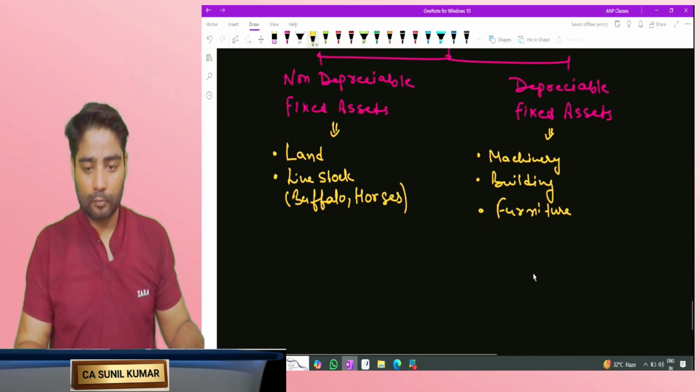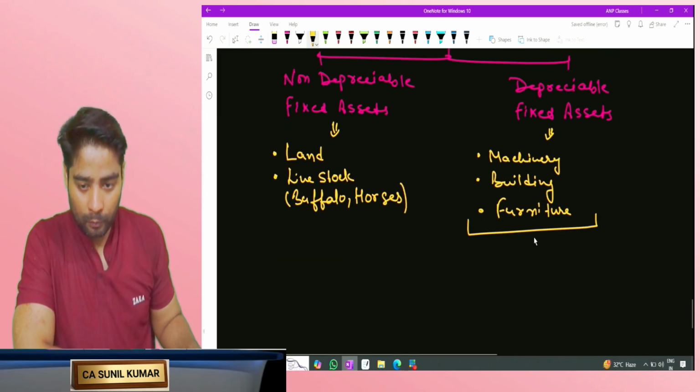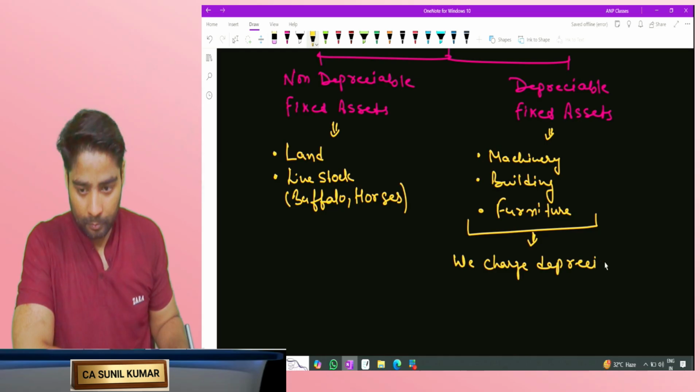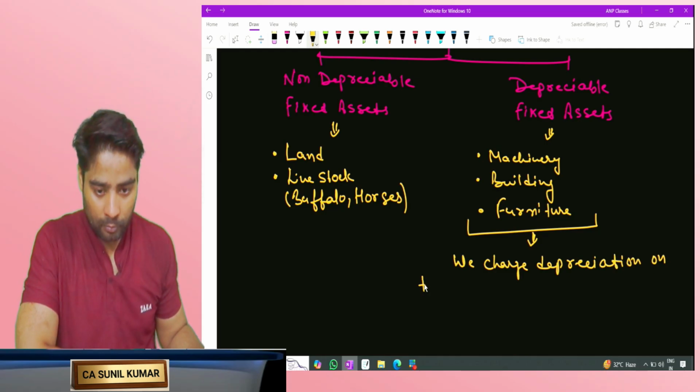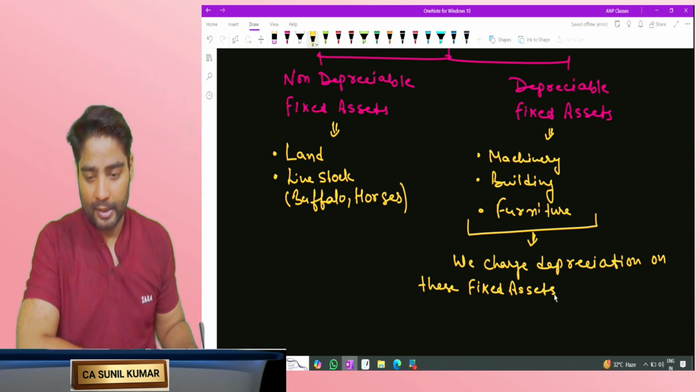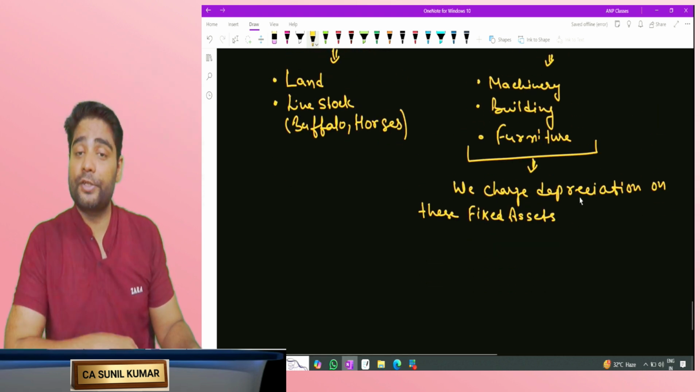Okay, so write down: we charge depreciation on these fixed assets. Because why do we charge depreciation?